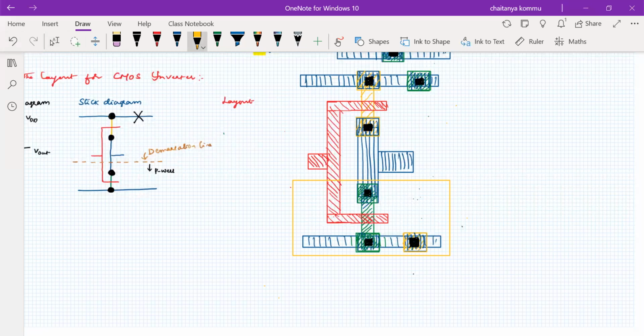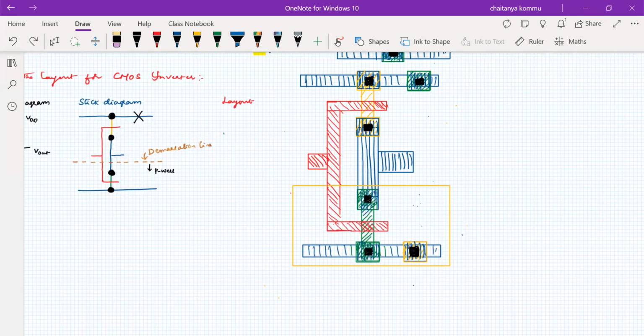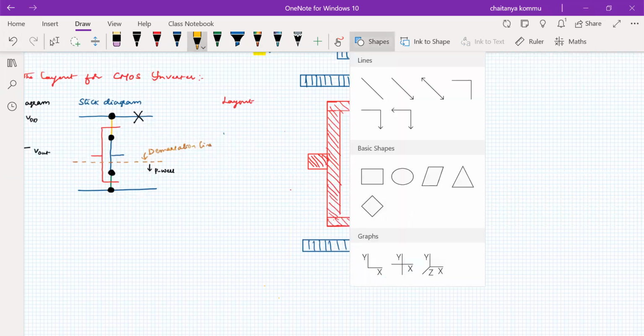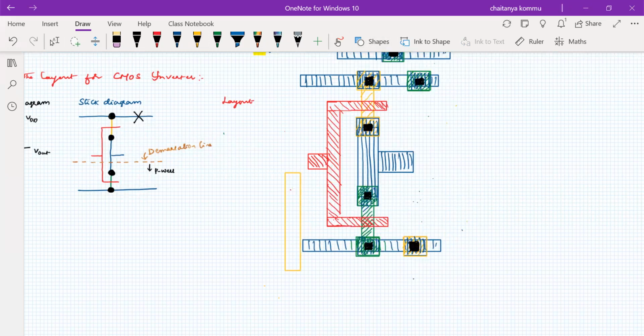I think better I have to extend this one. What I can do is that I can remove this portion. That is the single stroke I have to use for this. Okay, so this is called P well, as we know that it's a P well.